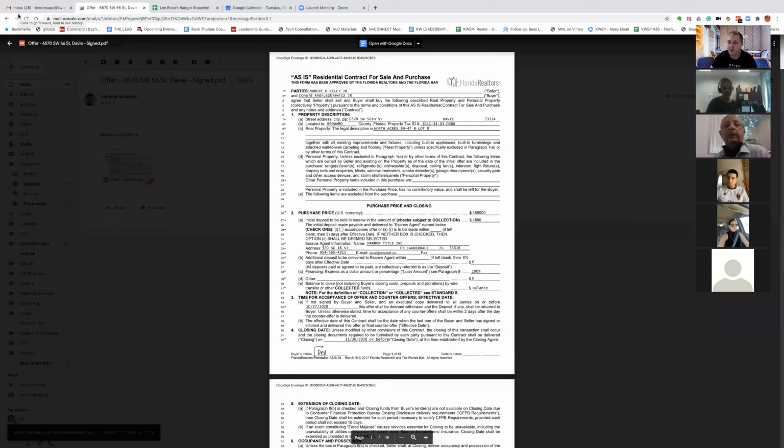So you're going to have the computer screen shared and now they're going to see the contract. The first thing that I always ask the buyer is, can you see the numbers on the left-hand side? So Tony, we're going to be doing this together.